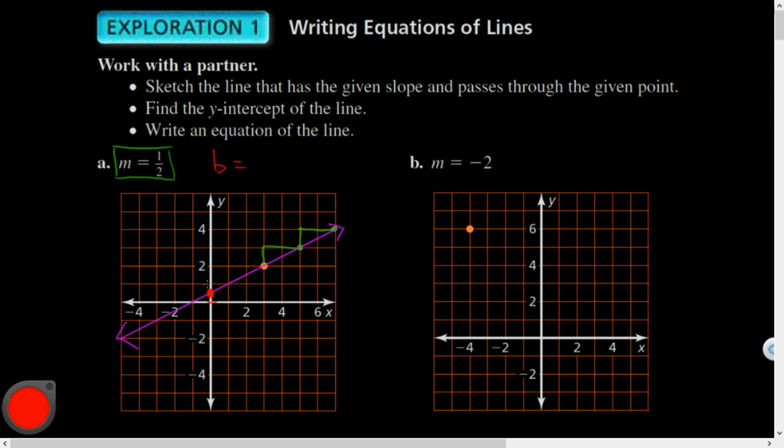Well, if this is 0, here's 1. 1.5 would have been right here. Probably just a half. So 0.5 or 1/2. It looks like the y-intercept was a half, which, if I was writing in slope-intercept form, I would have had y equals 1/2 x plus a half.